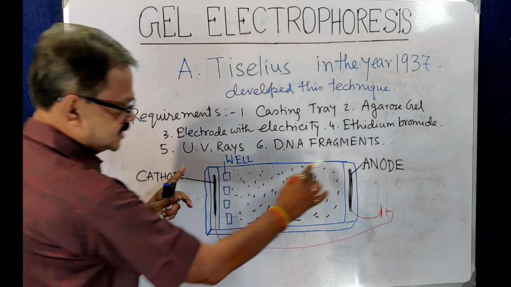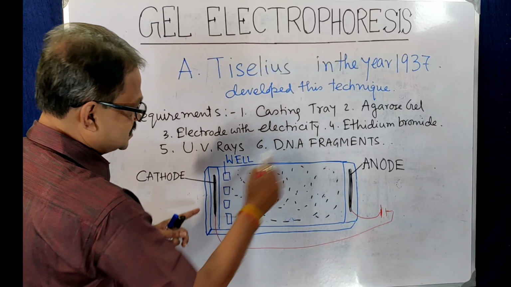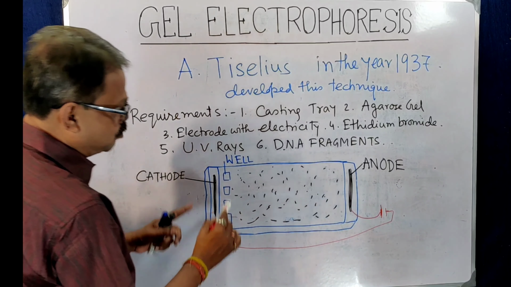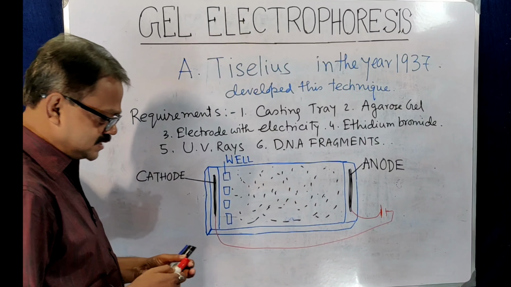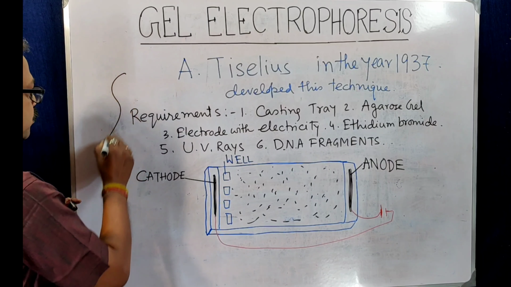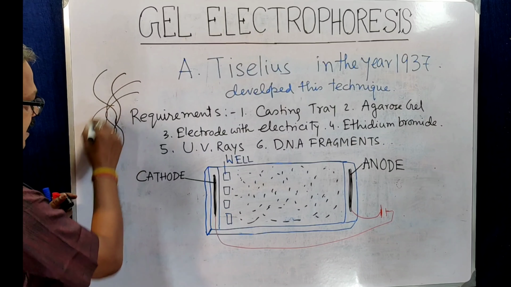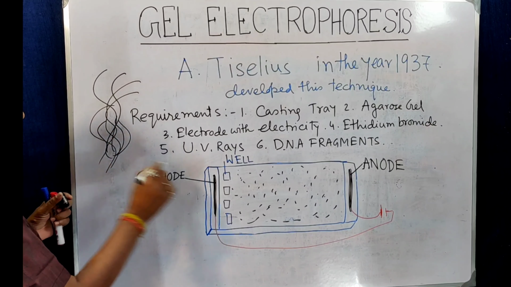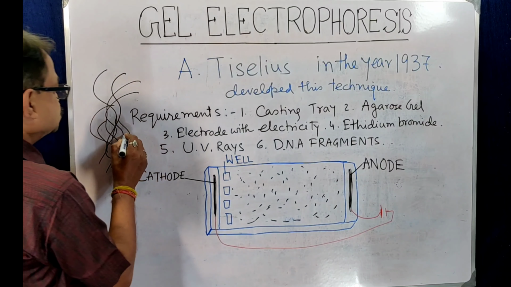And this is the arrangement. You see, this is the chamber or the casting tray, where we have to take the agarose gel. As I told you, this agarose gel is made of linear polysaccharide chains, and when these chains are present, they make a mesh having small pores.